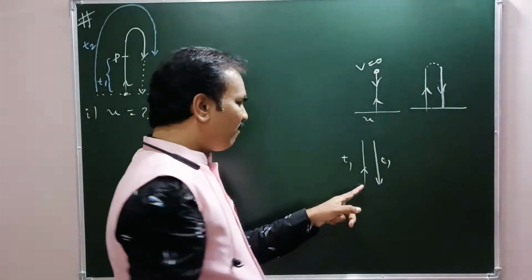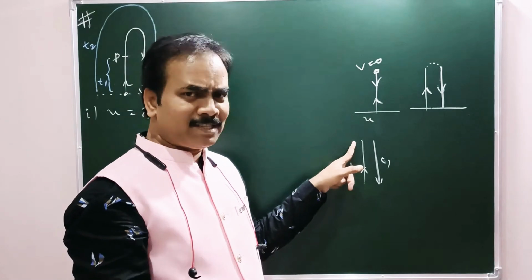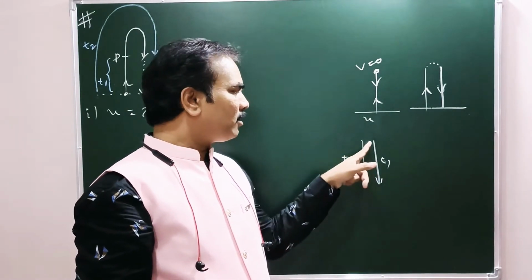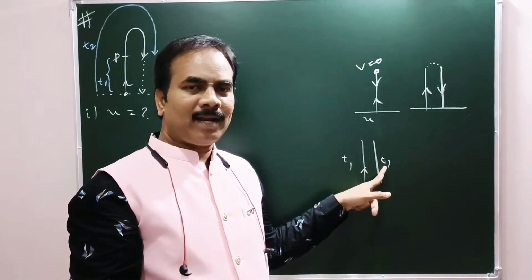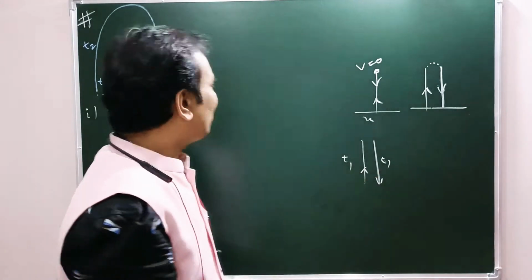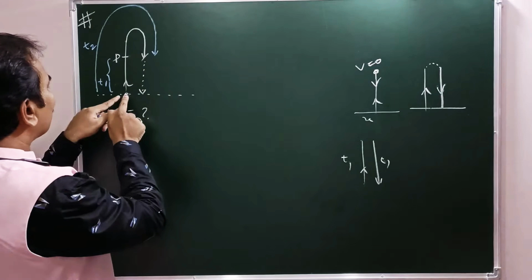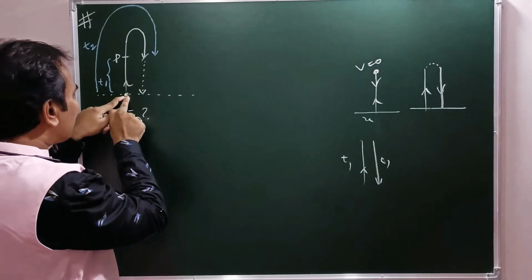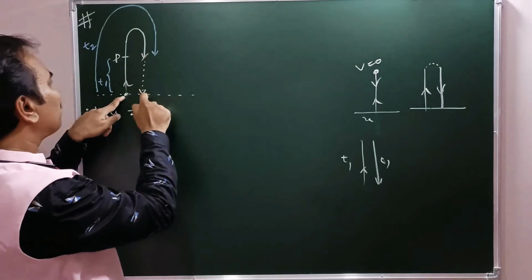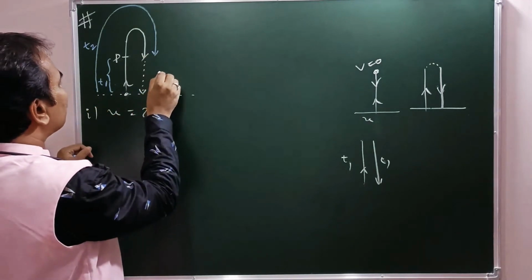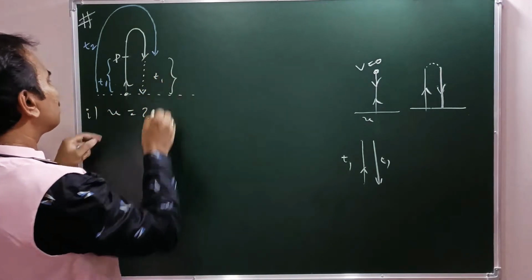While going up, if it takes T1 seconds, while coming down the same particle takes T1 seconds only to cover the same distance. So here also, to go from the point of projection to P is T1, and from P to the point of projection is also T1.